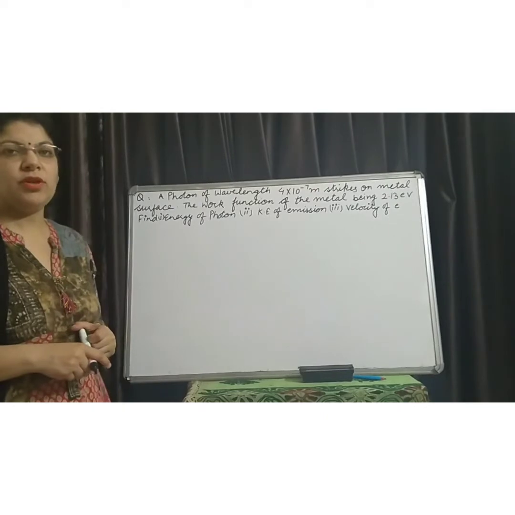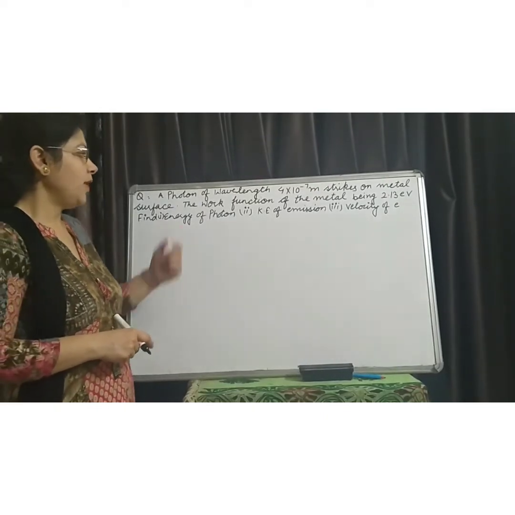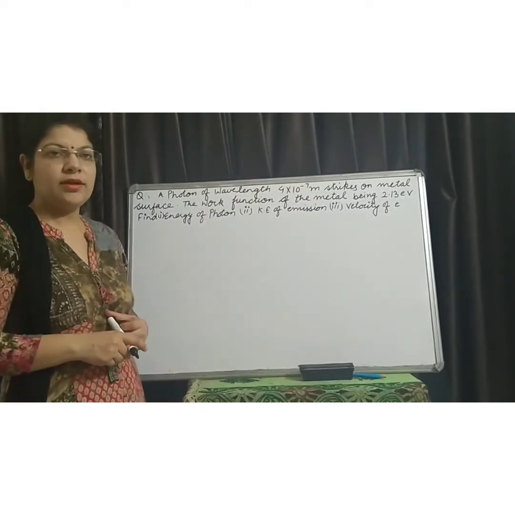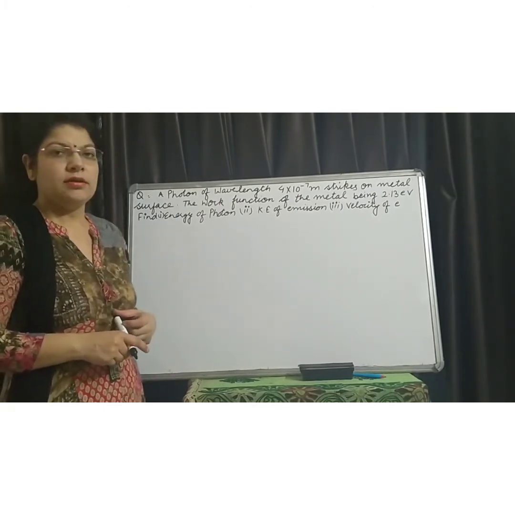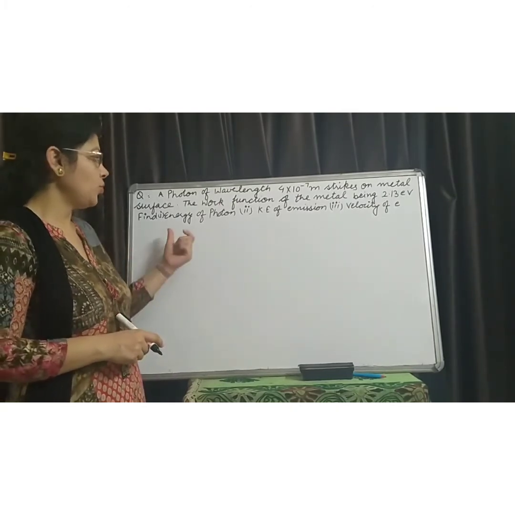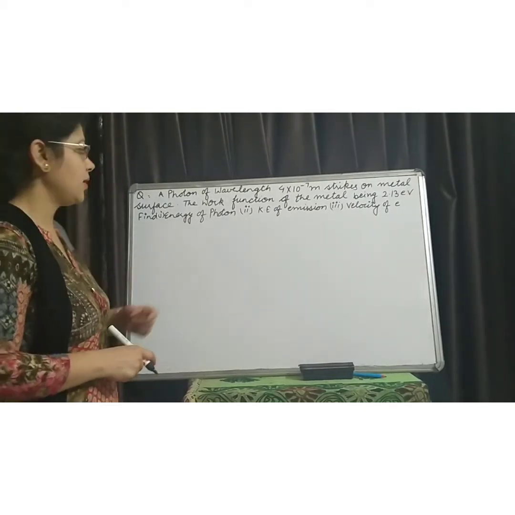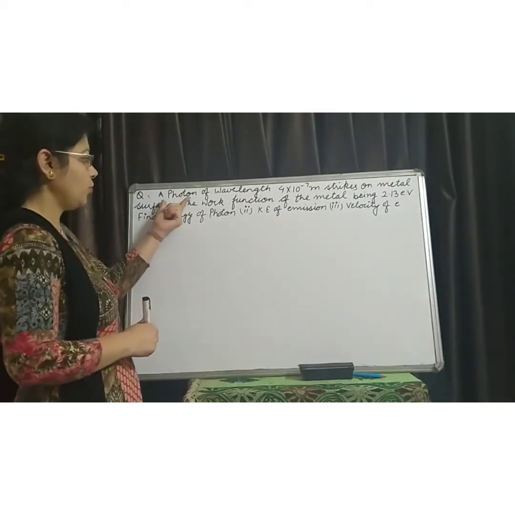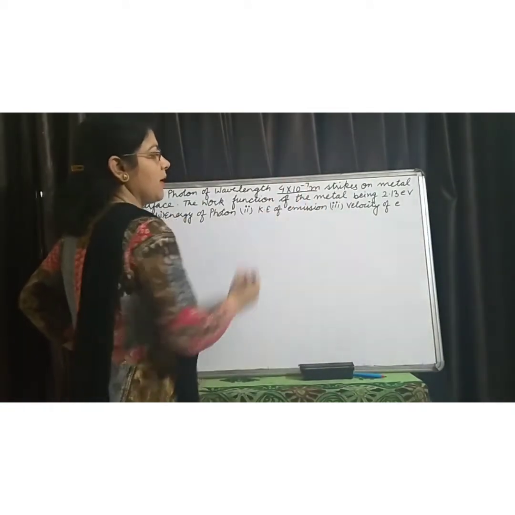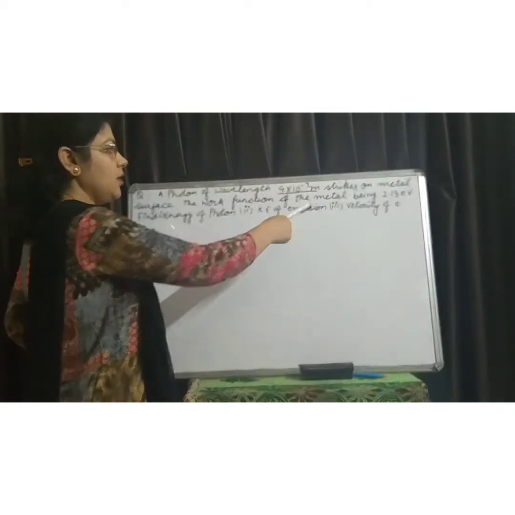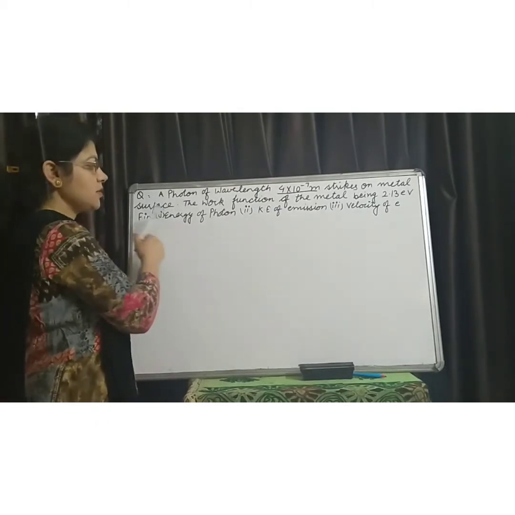In this lecture, we will do the numerical problem related to electromagnetic theory, or the numerical related to photoelectric effect. The question is: a photon of wavelength 4 × 10^-7 meter strikes a metal surface.